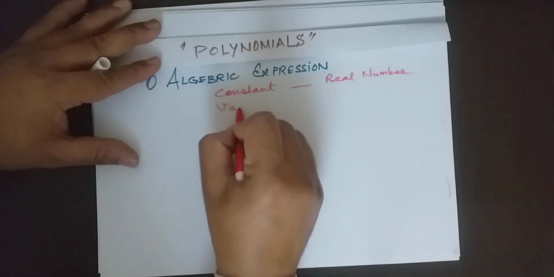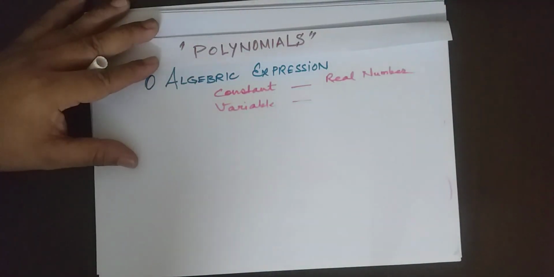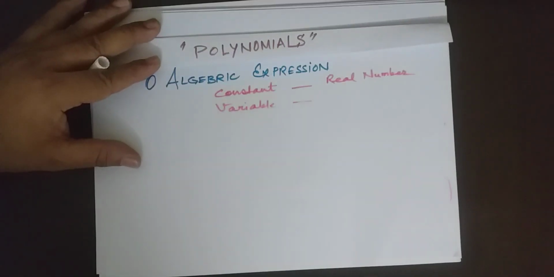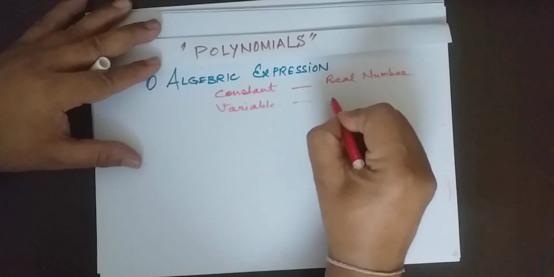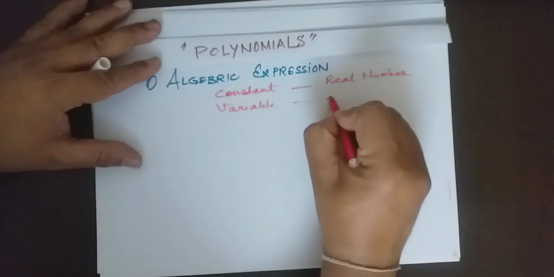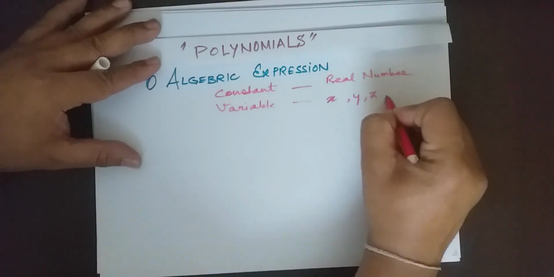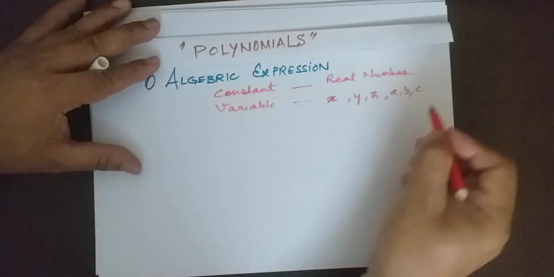And the other one is variable. Variable, by its very dictionary meaning, means something that varies, that keeps on changing. So such variables are usually expressed by small alphabets such as x, y, z, a, b and c in mathematics.